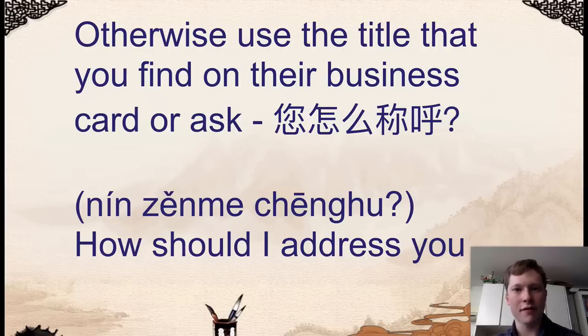But if you don't find that, or you don't know how to read Chinese characters, then you can always ask how to address somebody. You can say 您怎么称呼?, which means, how should I address you? And then the person will generally reply, and you can just act according to their reply. So this is a very safe way to play it.